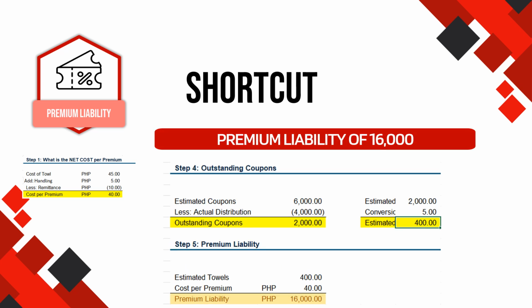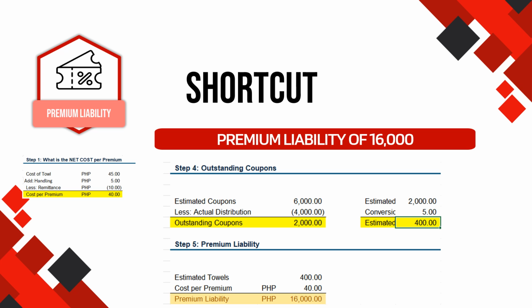On the other hand, if you're interested in getting your premium liability, all you have to do is get your outstanding coupons. So, you start with your initial estimate. Earlier you said 6,000 coupons would be redeemed. But actually, only 4,000 were redeemed. So, you were wrong or you have an excess estimate of 2,000. And again, it's not the coupon we are looking for, but the premium.